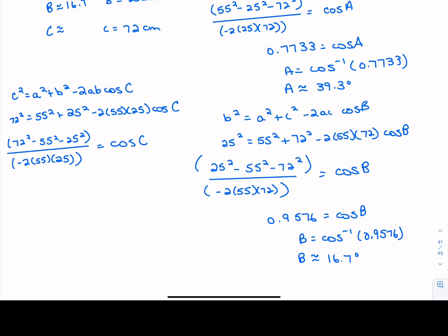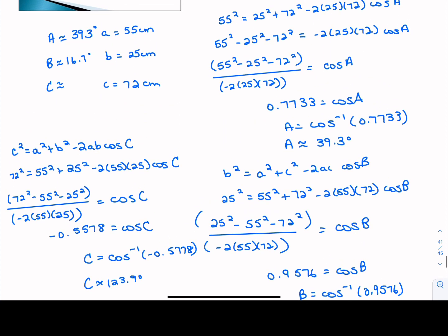So we get approximately negative 0.5578 as our cosine C value, which means angle C is cosine inverse of that negative number. So we've got your ratio there. C works out to be approximately 123.9 degrees.